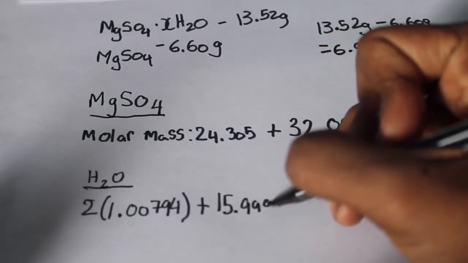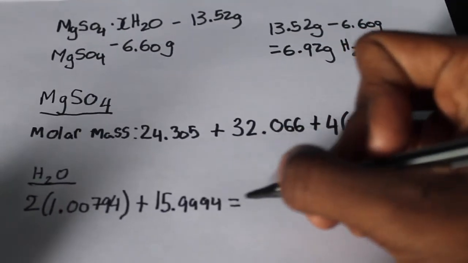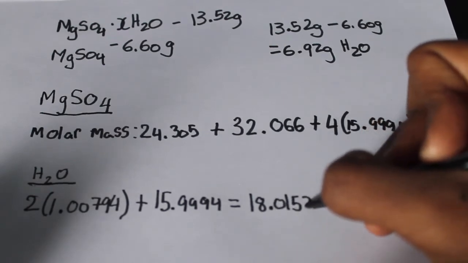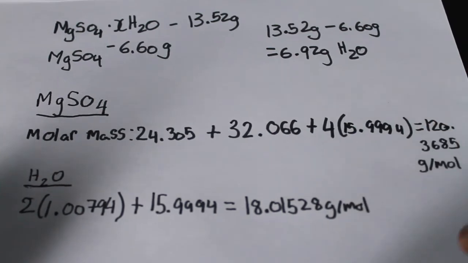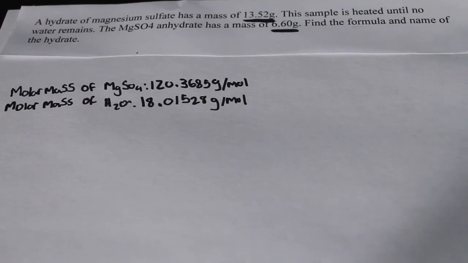And this is equal to 18.01528 grams per mole. Let us now find the moles with the molar mass of the compound.